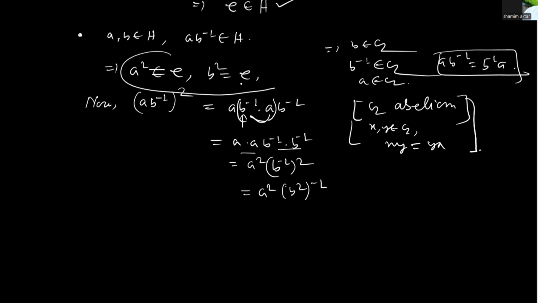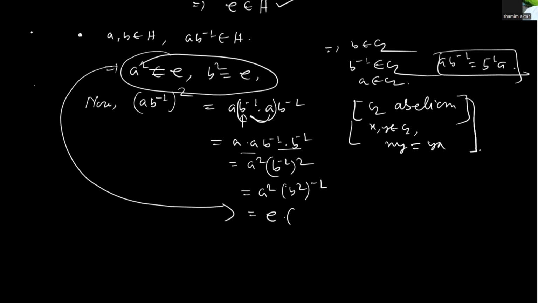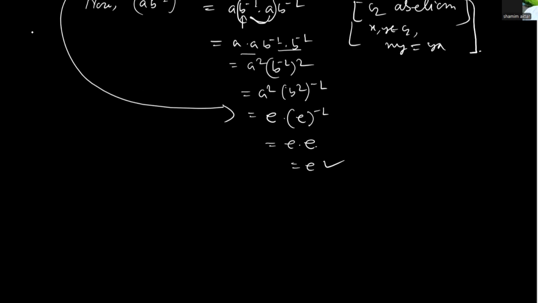From this, this equals identity times identity inverse, which equals identity times identity, which equals identity. So therefore a b inverse whole squared equals identity. So this implies a b inverse belongs to H. So hence H is a subgroup of G.